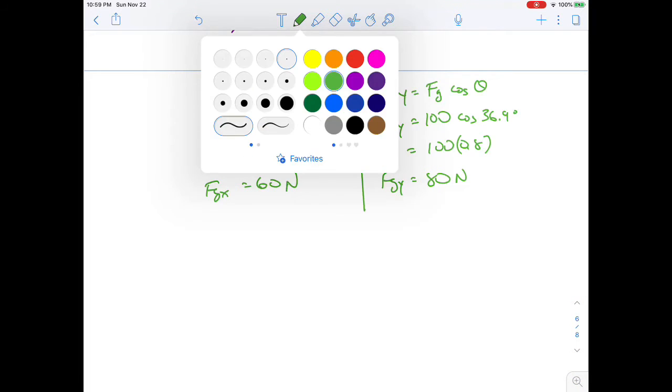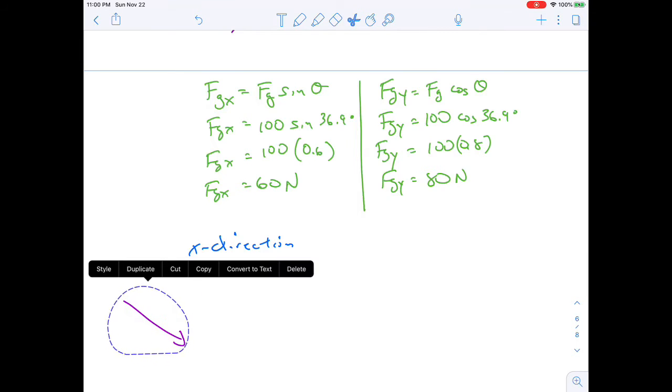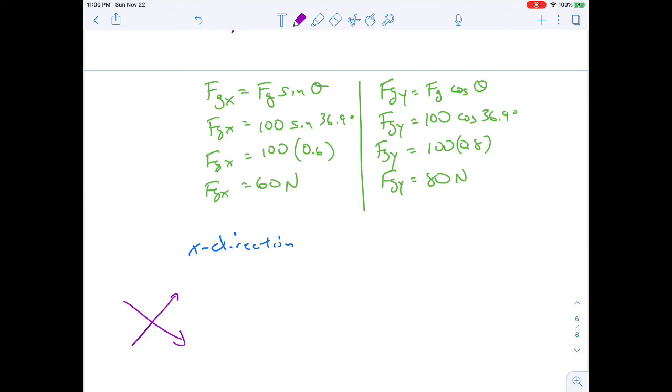I can do what's going on in the x direction. Now I have to remember that the x direction is now acting along this way, and the y direction is now acting along this way.